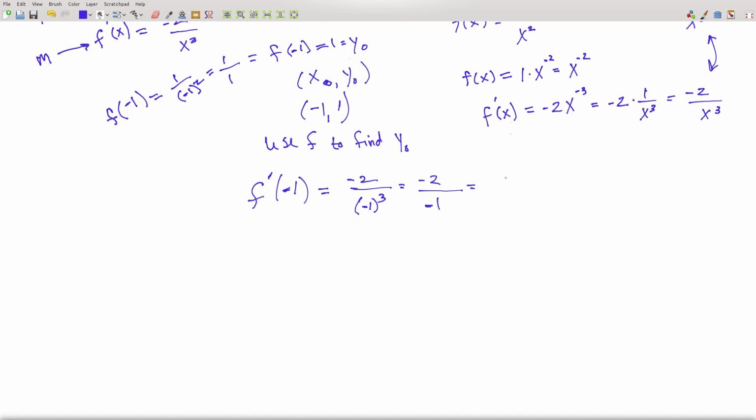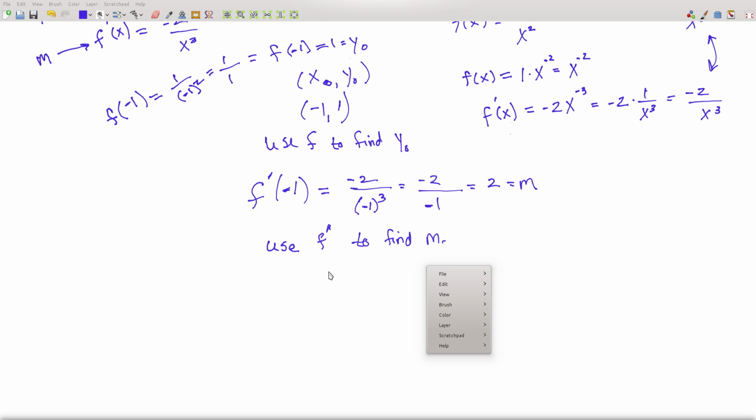And so it's -2 over -1, which is a positive 2. That is the slope. We now know the slope is 2, so let's summarize this: we're going to use the derivative to find the slope.